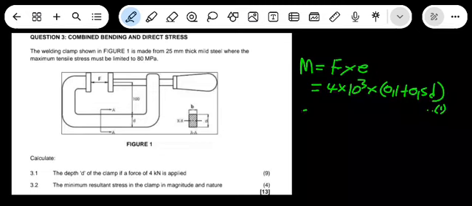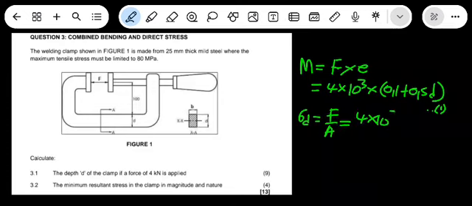Now let me calculate the direct stress. Direct stress is force divided by area. The force is 4 times 10 to the power of 3. For the area, we focus on the cross section we are given, which is a rectangle.